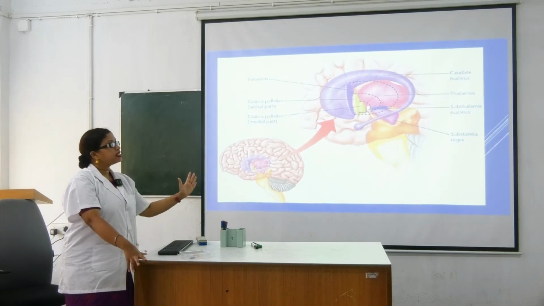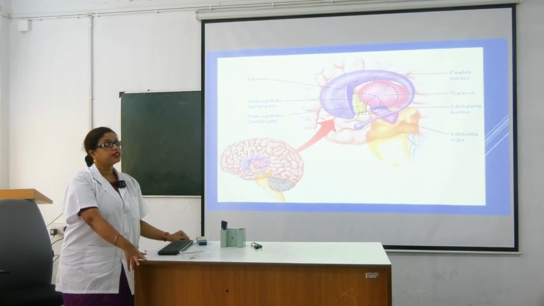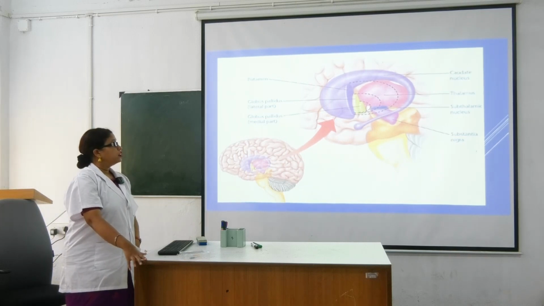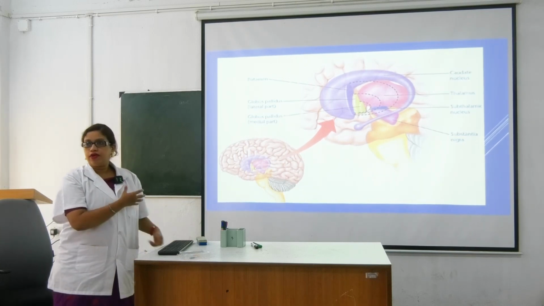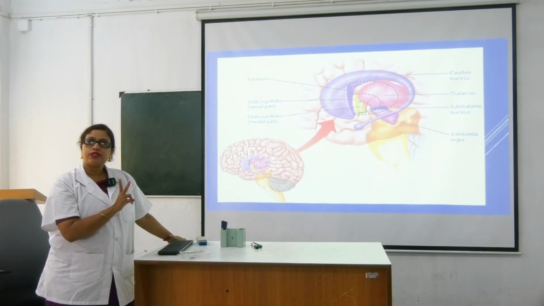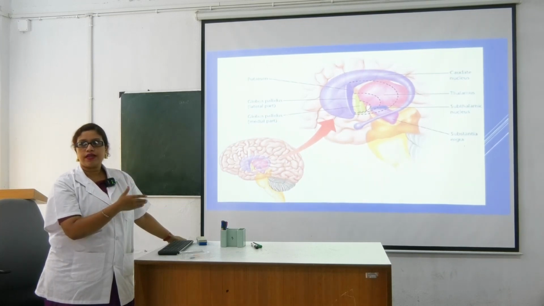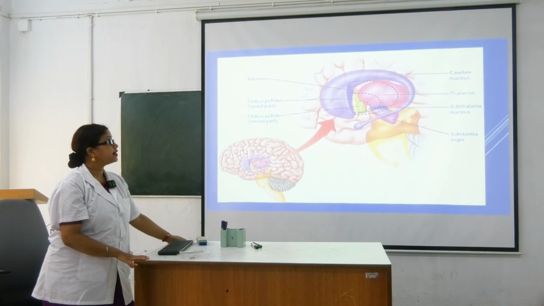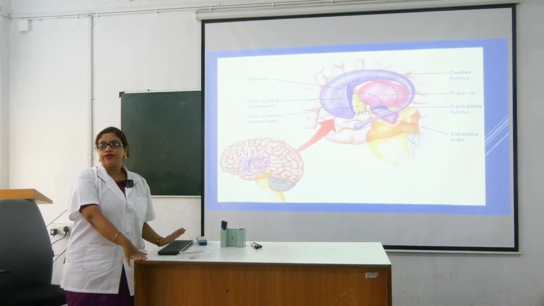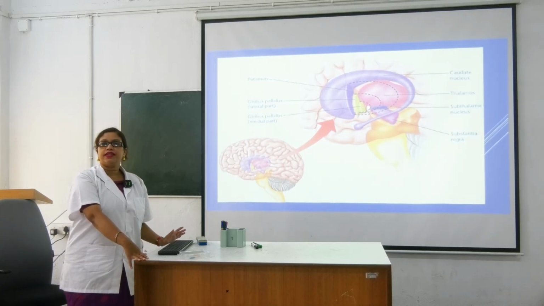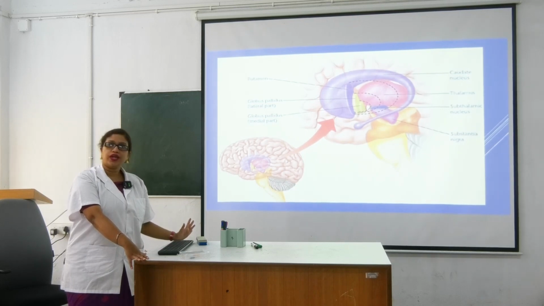So which are the green color structures? There are two structures, see, green color. There are two parts. Now I said the globus pallidus has got two parts, one is medial, another one is lateral. Which side will be there? Lateral. The lateral part is related to the caudate nucleus. Okay, so write it down.